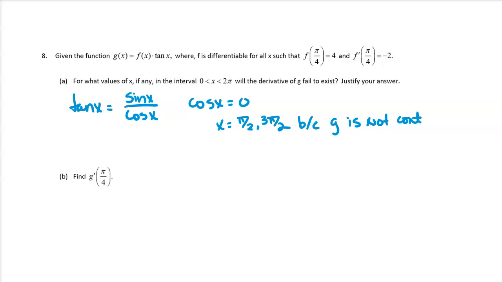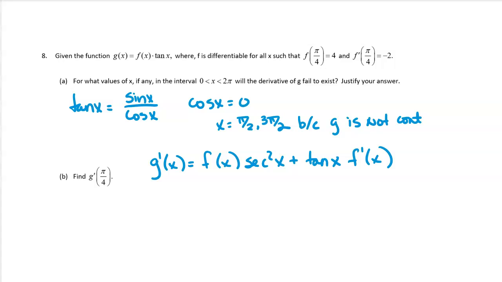Now, I also need to check differentiability. So somewhere between A and B, and I kind of just lumped it together, I needed to see a g prime of x. So g prime of x is 1. Derivative of tangent is secant squared plus tangent times f prime. Checking differentiability means you need to take a derivative somewhere and see if it fails to exist.